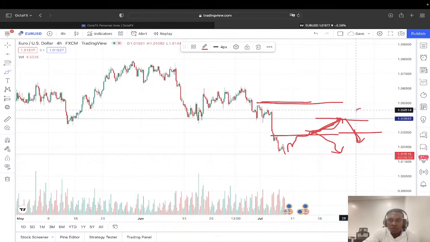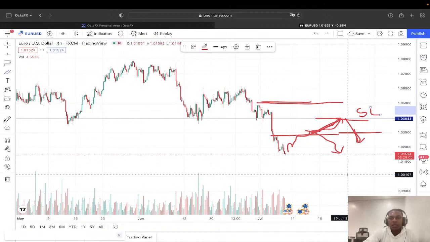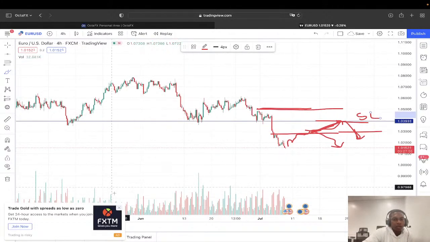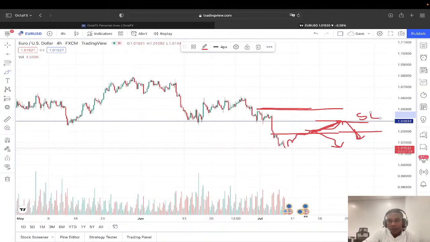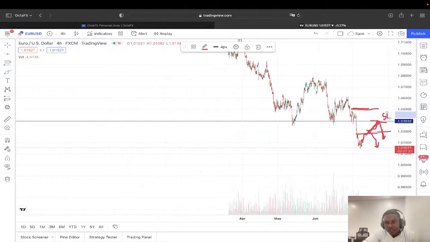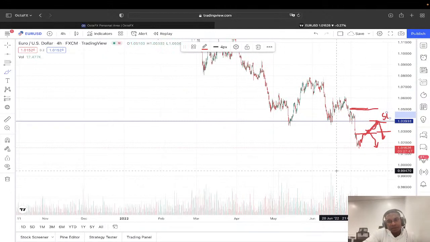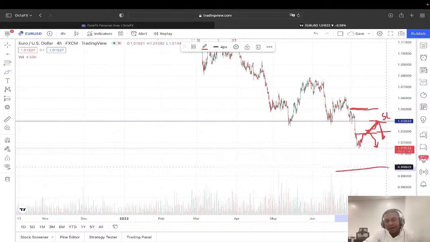My SL will be here. And my take profit, let me look for where I can take profit. I can set my take profit here.